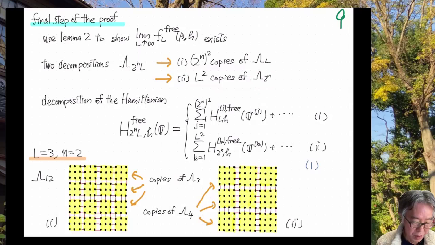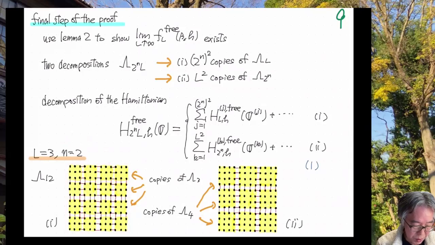So here's the simplest case. Here I set L equals 3 and n equals 2. So this is 2 to the 2 times 3, which is 12. So we have a 12 by 12 square lattice here, and we want to decompose this in 2 ways. I'm sorry for this picture, it's not easy to see.